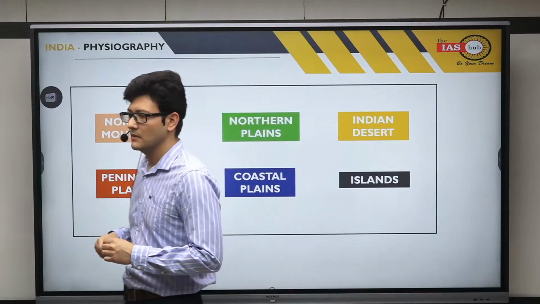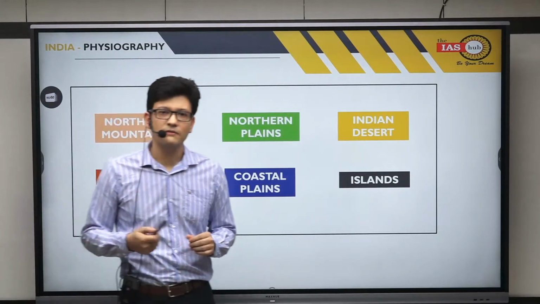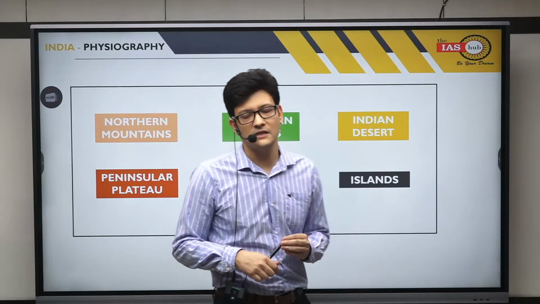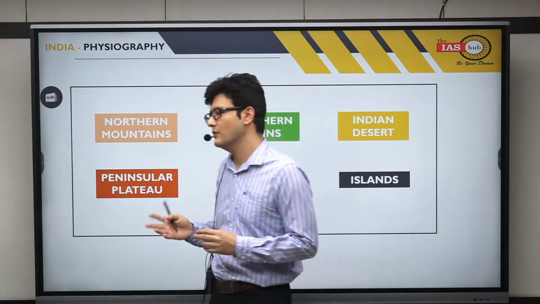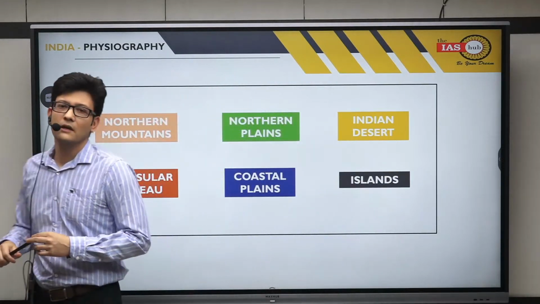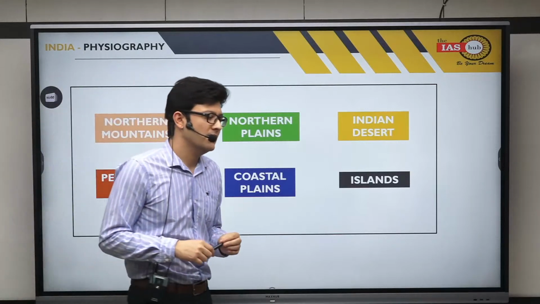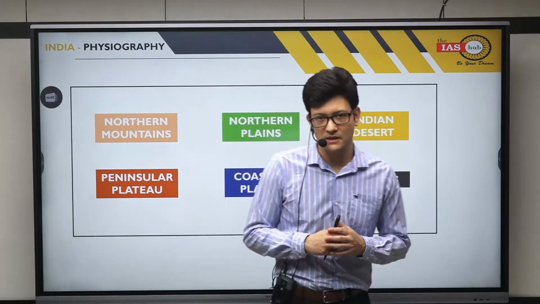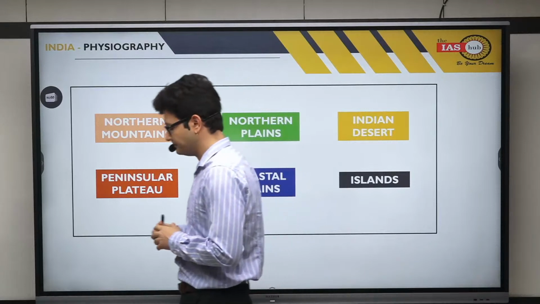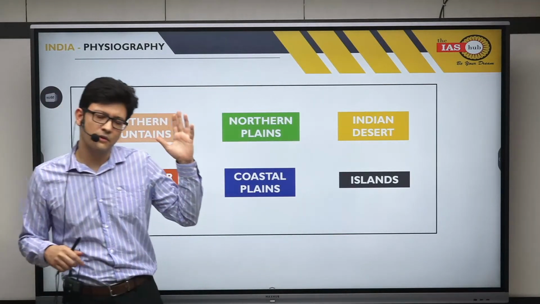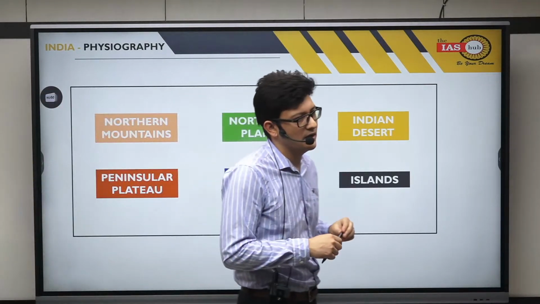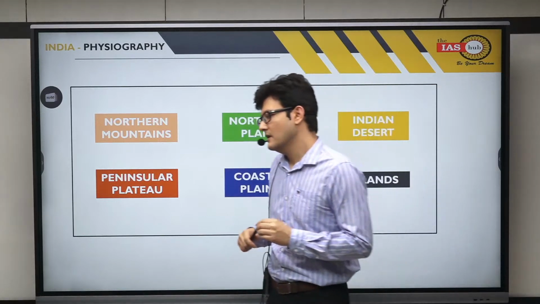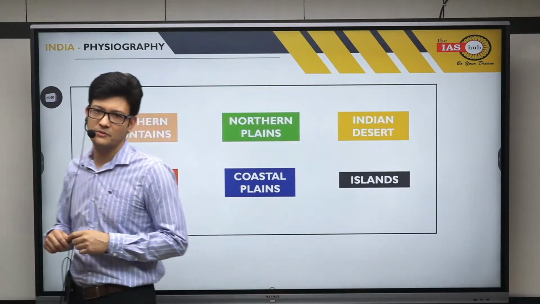Moving on to the next division, we have the east to west division. Whether you call it west to east or east to west, these divisions are basically divided on the basis of river basins. Moving from the western side, between the Indus and Satluj rivers, there is the division of Jammu and Kashmir hills.